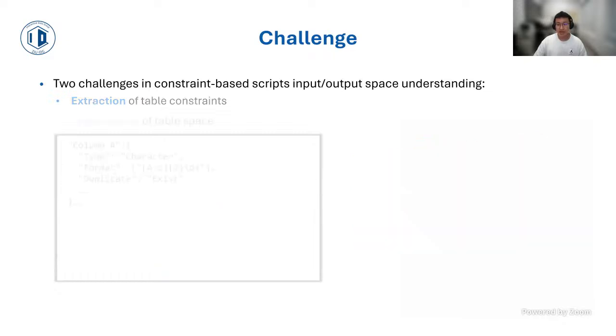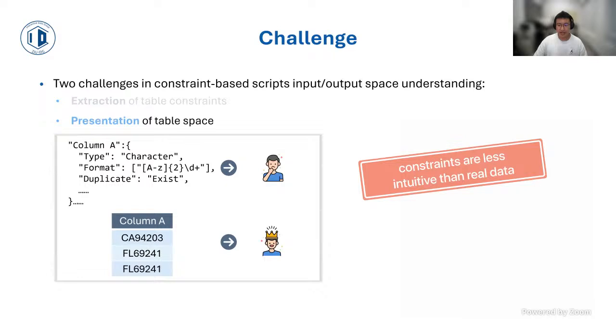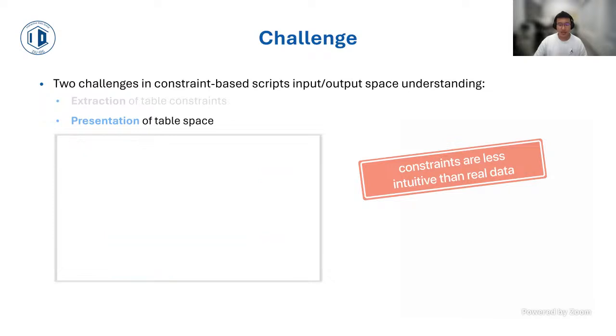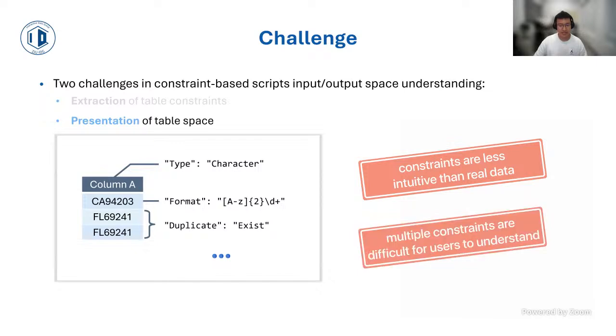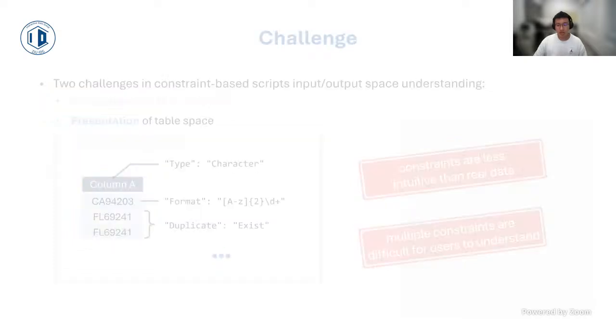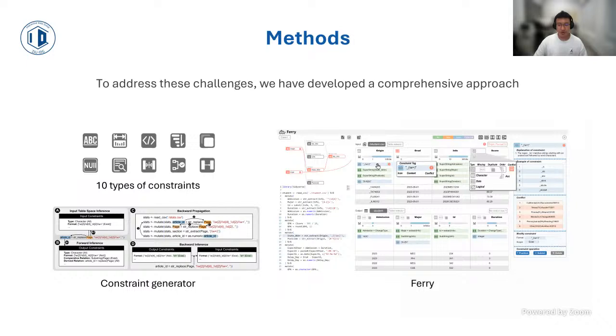Second, constraint presentation is challenging. Constraints lack the concreteness of real data, making them less intuitive with existing profiling tools. Additionally, the table space constructed by multiple constraints can be difficult for users to understand in terms of their collective impact. To address these challenges, we have developed a comprehensive approach.